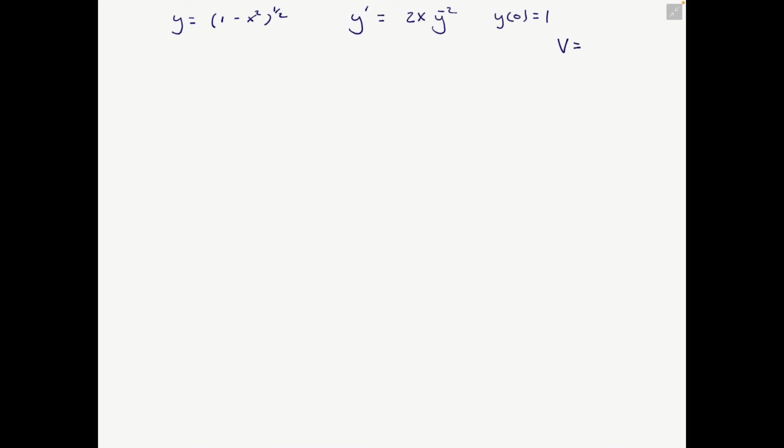We use v equals y to the minus 1. So v to the minus 1 equals y. So we have minus v to the minus 2, v prime equals y prime.